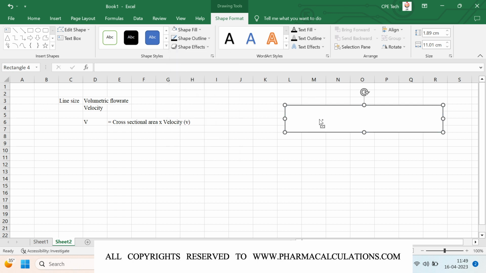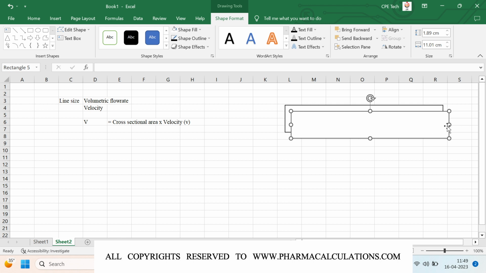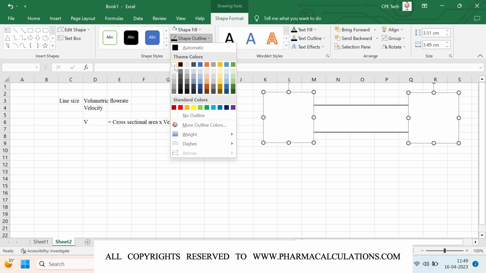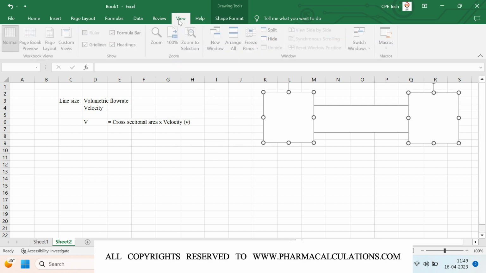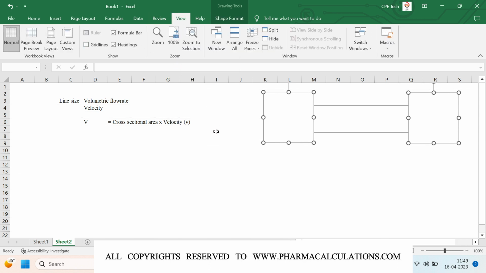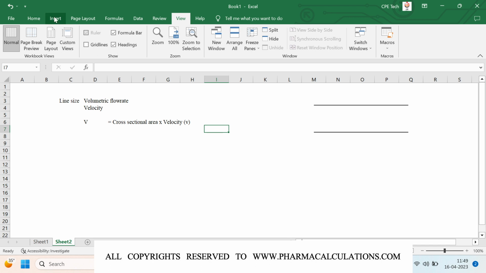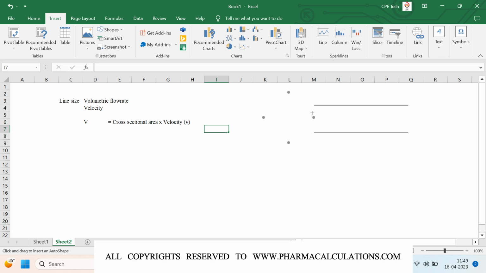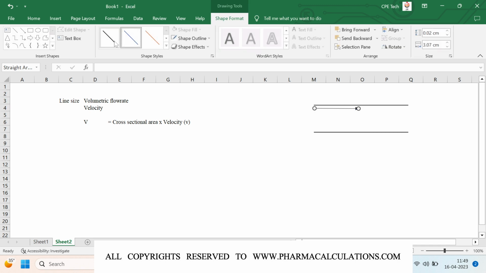So let's say this is a tube, and within this tube a fluid is flowing, and usually fluids flow as layers, like in multiple layers.